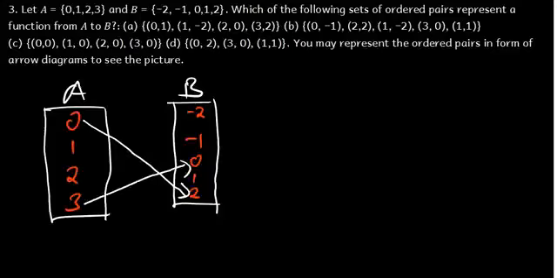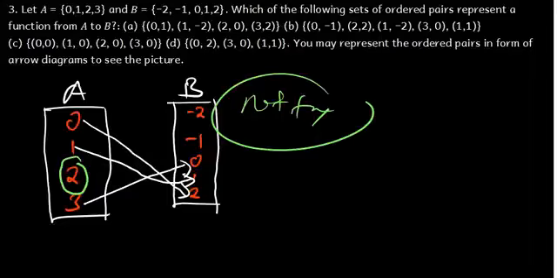Next I have 1 comma 1, 1 comma 1. That is just okay. But all the input values are supposed to have an output value. As we can see, this input here has got nothing. It's not mapped to anything. So this is not a function. Okay, so this is what we need to know under relations and functions.